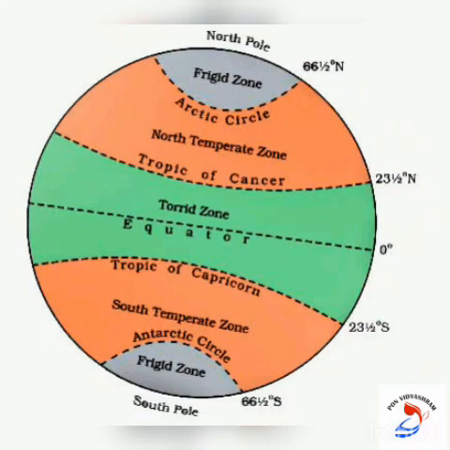Now we will see from the equator up to the north: equator, Tropic of Cancer, Arctic Circle, then North Pole. From the equator downwards, the parallels of latitude are equator, Tropic of Capricorn, Antarctic Circle and the frigid zone. So we have three heat zones.